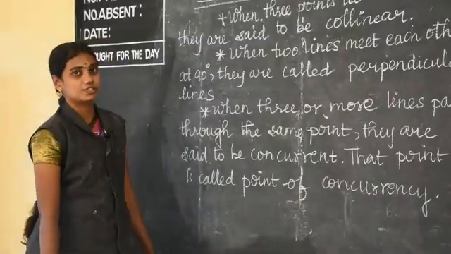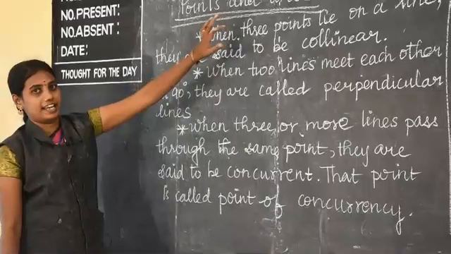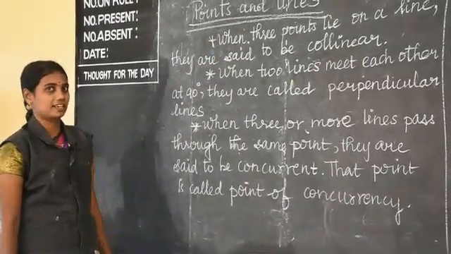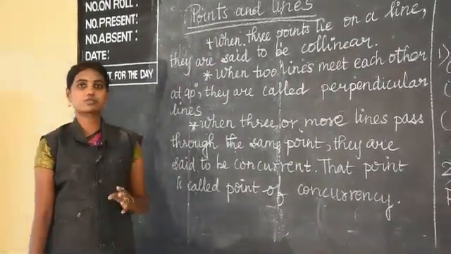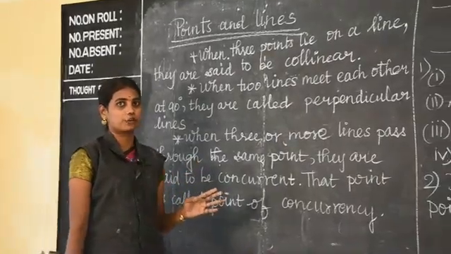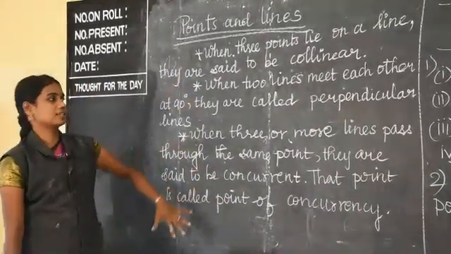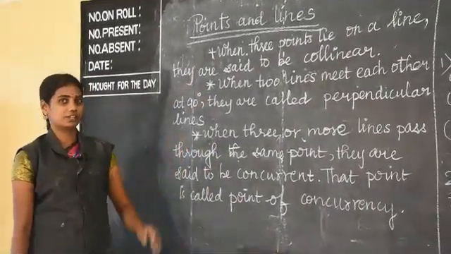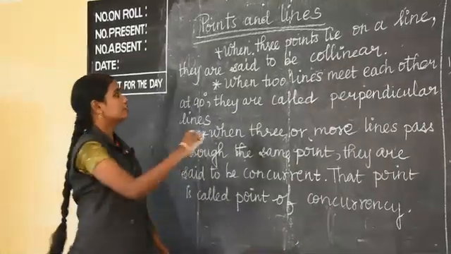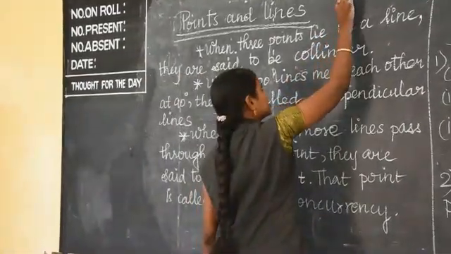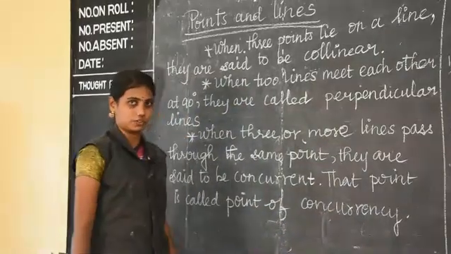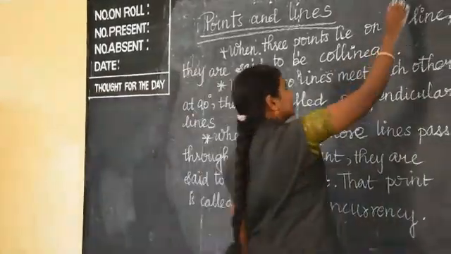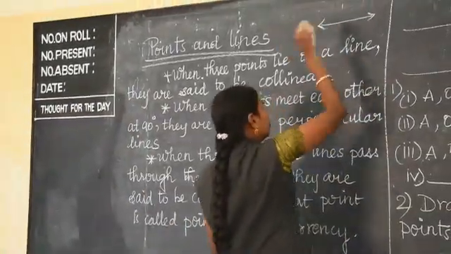Okay, now listen to me. Points and lines. We are going to see points and lines. Exercise 4.2 is over. Before going to exercise 4.3, we will know some points. First, a point is one dot. A line, we know, has no endpoints.